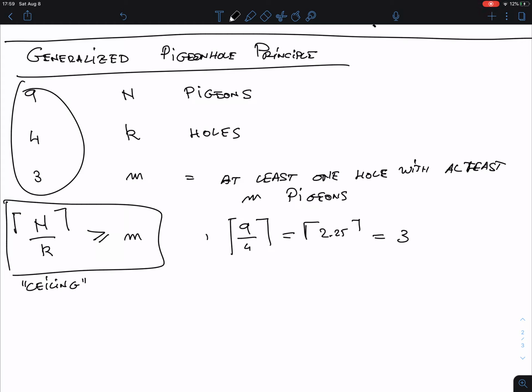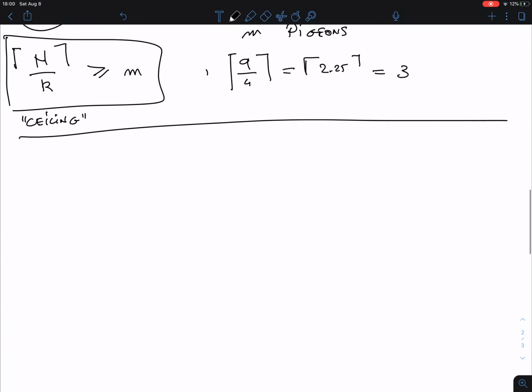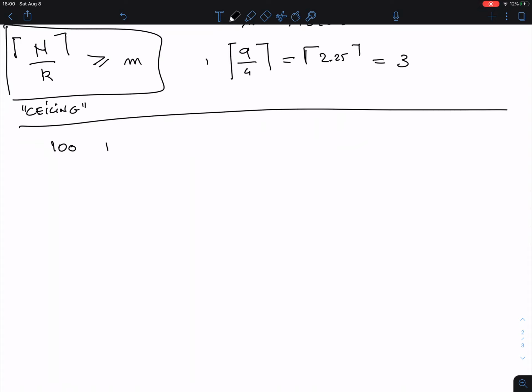So let's look at some examples of this. We can look at simple examples first, and then we're gonna ratchet up a little bit. Okay, so 100 people in a room.